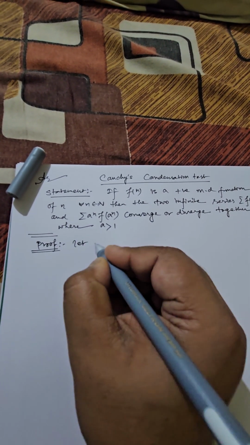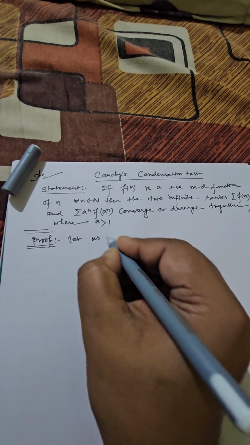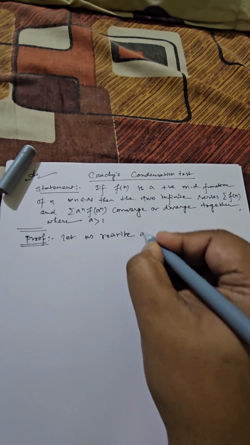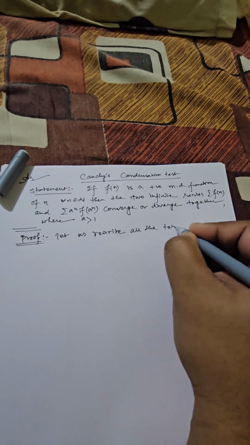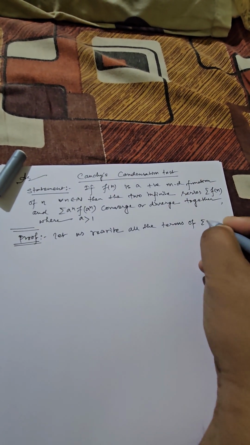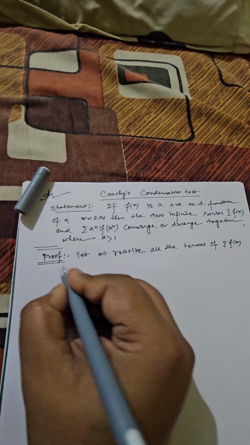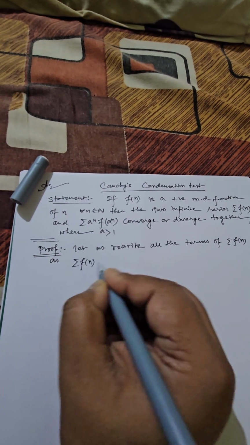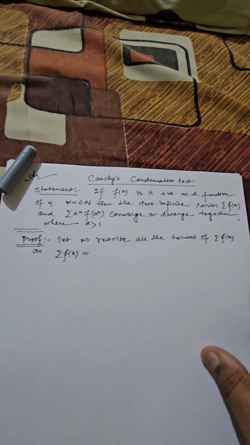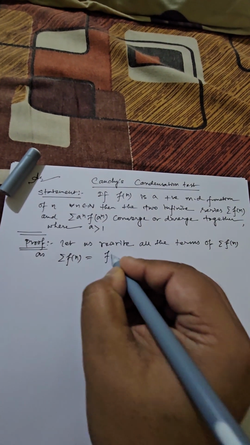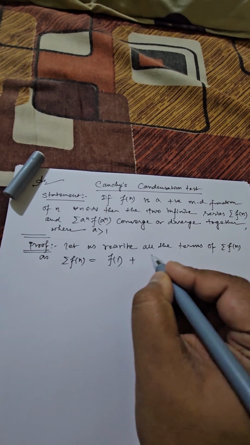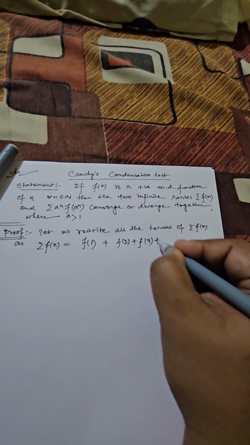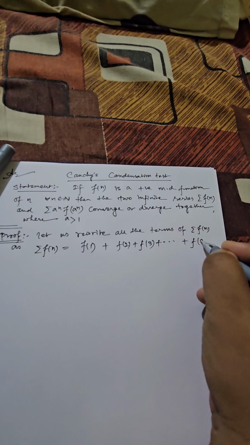So to prove this one, let us rewrite all possible terms of summation f(n) as follows. Now in a systematic manner we are trying to justify all possible structures. First term is f of 1, then f of 2, f of 3 plus dot dot dot f of a.